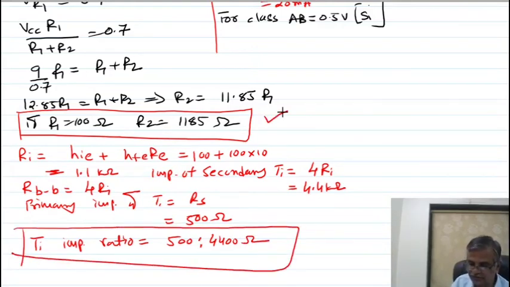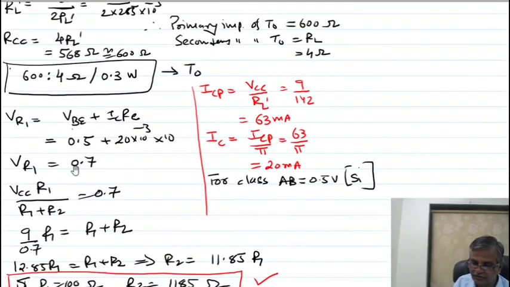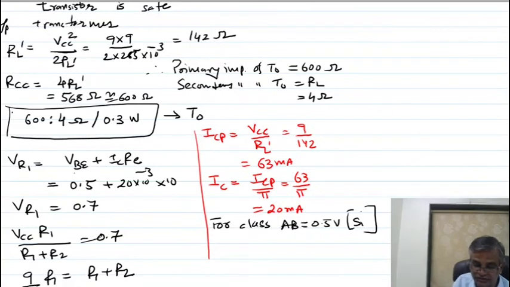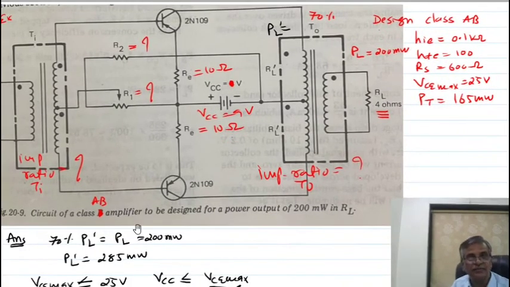So R1 R2 is calculated, TI is calculated. This your TO is done. So you completed your designing of a class AB.